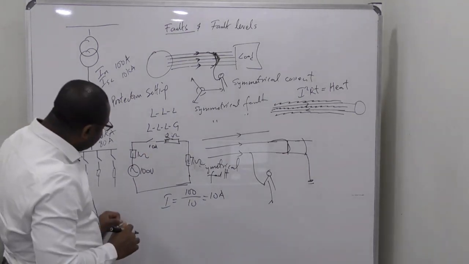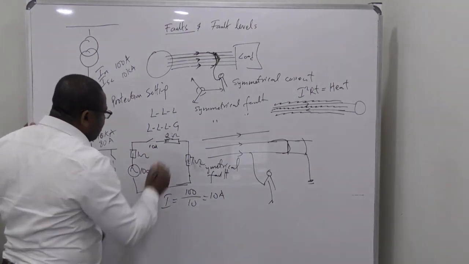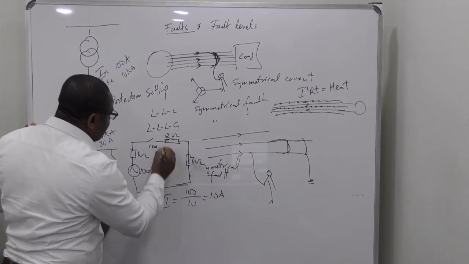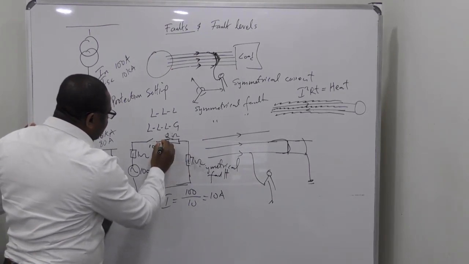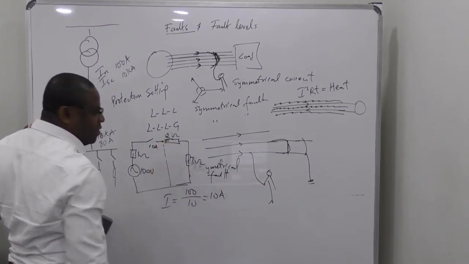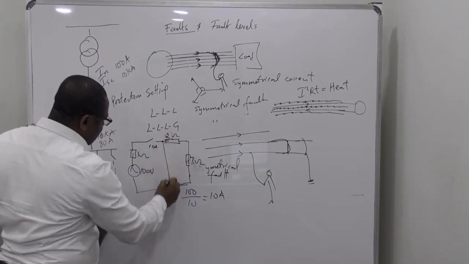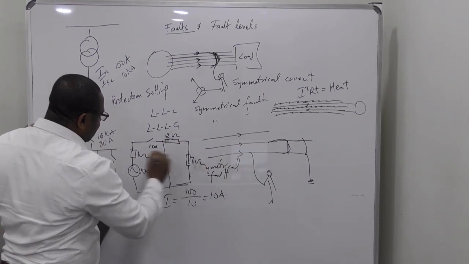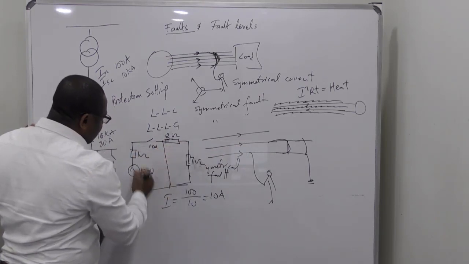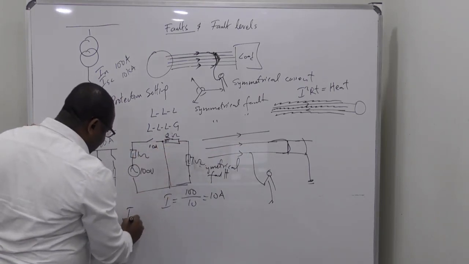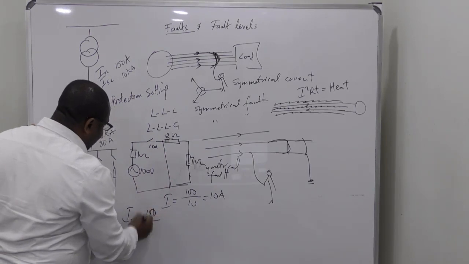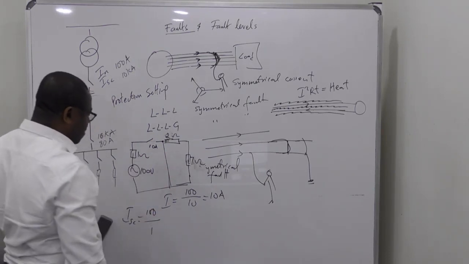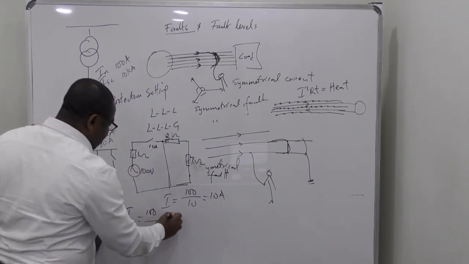But let's say there's a short circuit somewhere, a short here. How much current will now flow through this short? Because the load will be out. The short circuit current will be 100 divided by only this one, which in this case is about 100 amps.